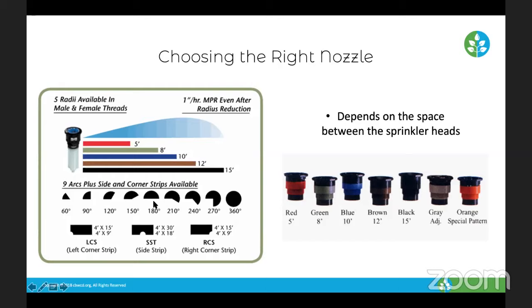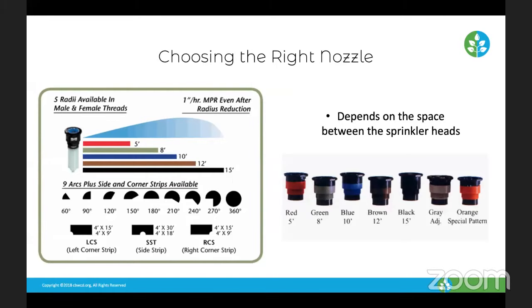And an H means a half, so 180 degrees. So this is going to shoot a semicircle 8 feet in every direction. Same thing with a 12 or 15. Typical ones that we see in home irrigation, especially in the lawn areas, are 8s, 10s, 12s, and 15s, meaning that's how far it waters in any direction.